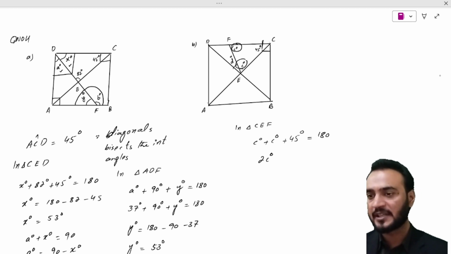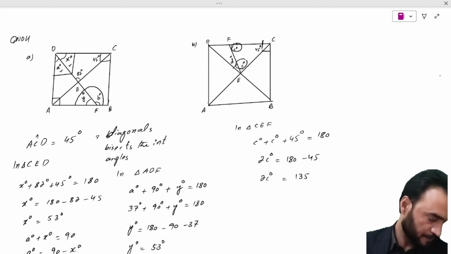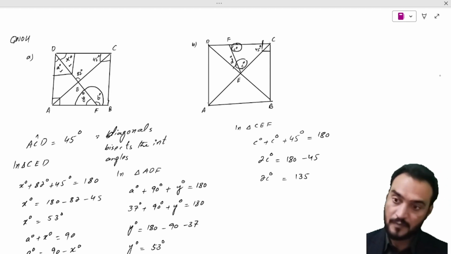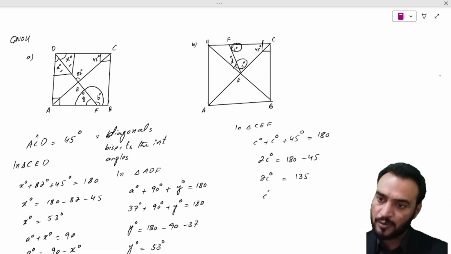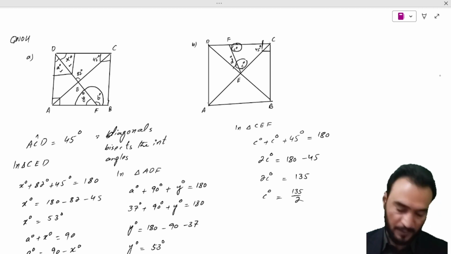So 2c degrees is equal to 180 minus 45 degrees. So 2c degrees is equal to 135 degrees. Dividing it by 2, the value of c degrees is equal to 135 over 2, and the answer is 67.5.